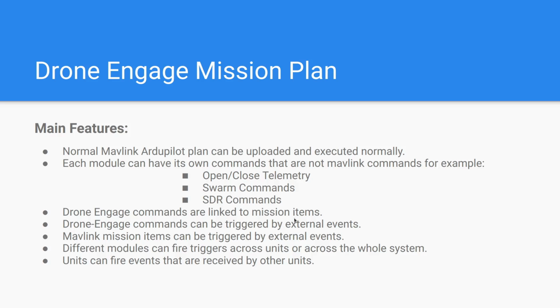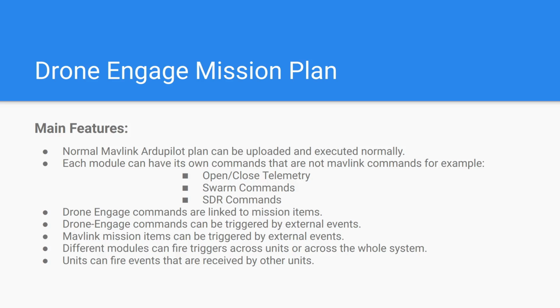So we need to be able to add extra modules, and these modules we need to integrate into our mission plan. So this is the main objective of the Drone Engage mission plan. That's why it is different than the normal autopilot mission.